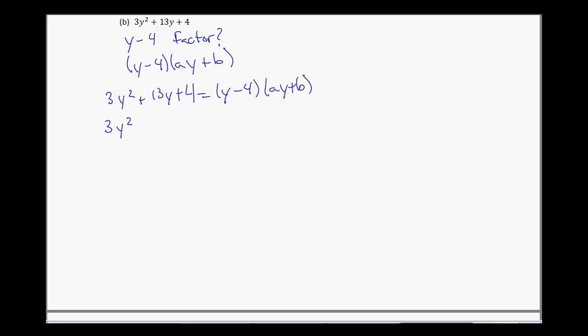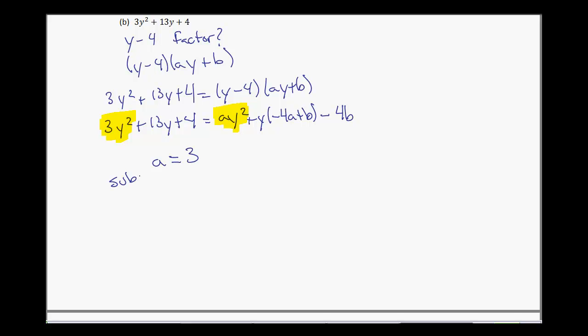Distributing, we get 3y squared plus 13y plus 4 staying the same, and we have ay squared plus y times minus 4a plus b minus 4b. Comparing our terms again here, we can decide that our a equals 3.